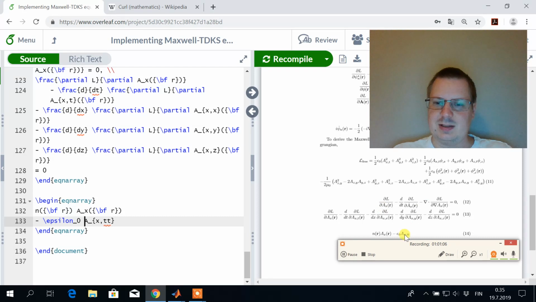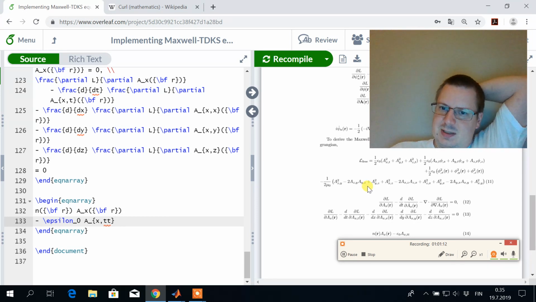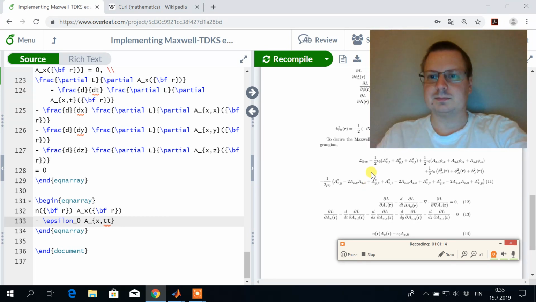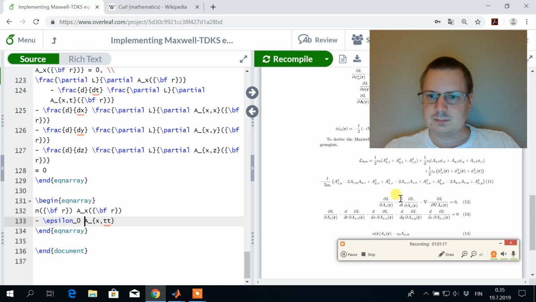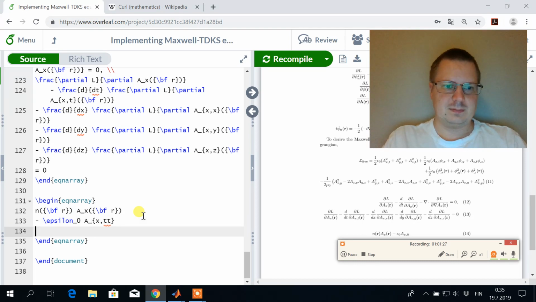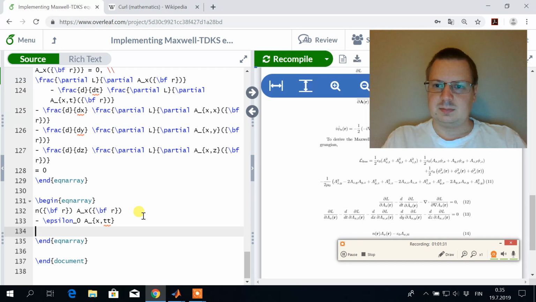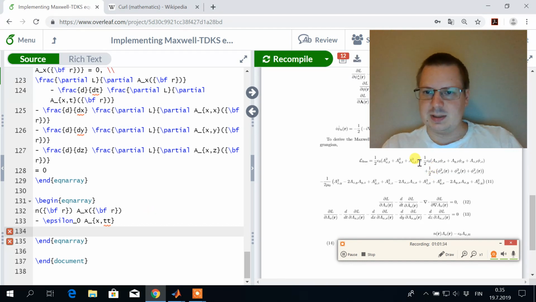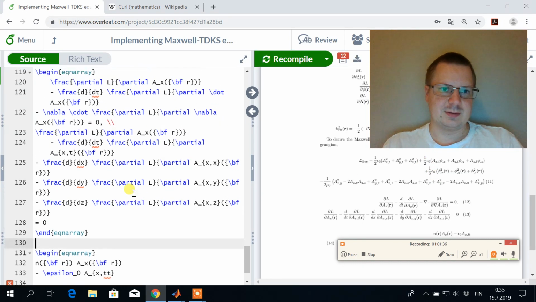Okay, it's already second in time derivative, so it starts to look like a wave equation, which is what is needed. Then there's axt here, so that will be, I think the half is too much here somehow.